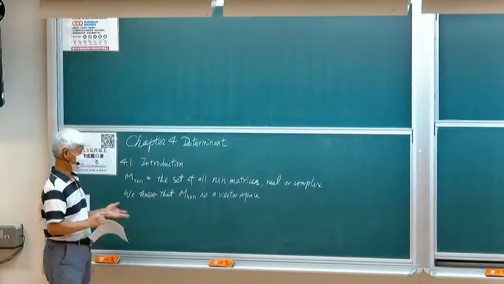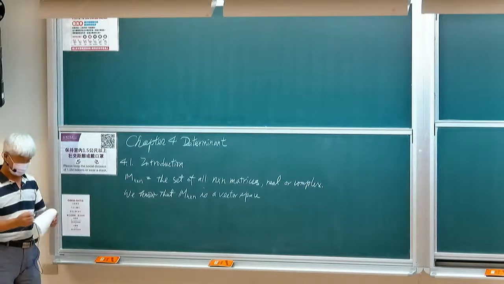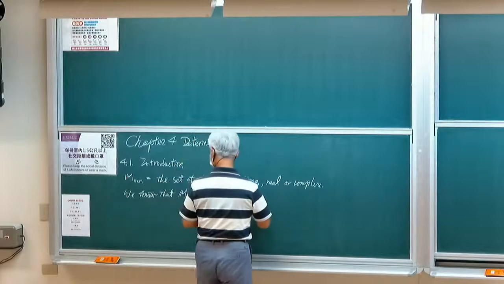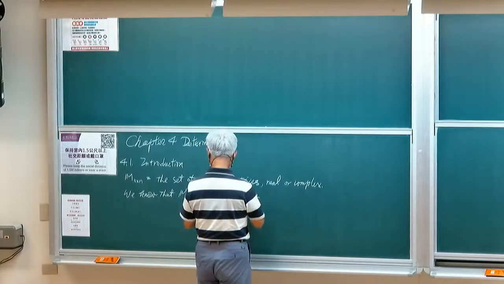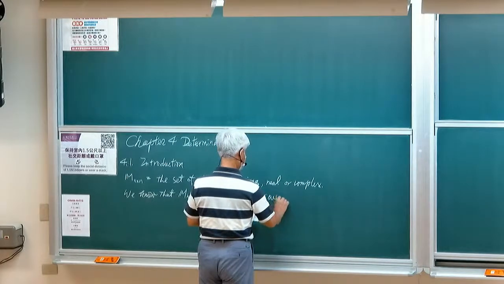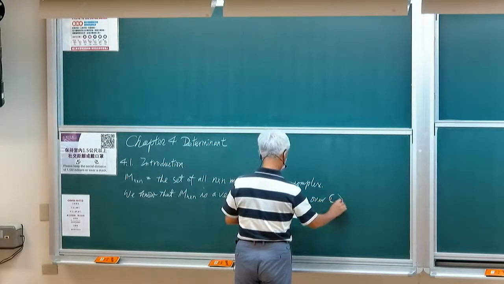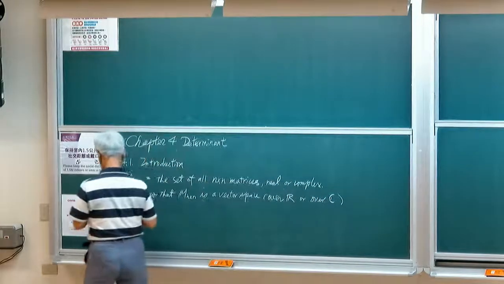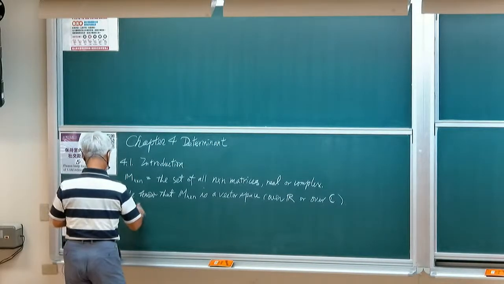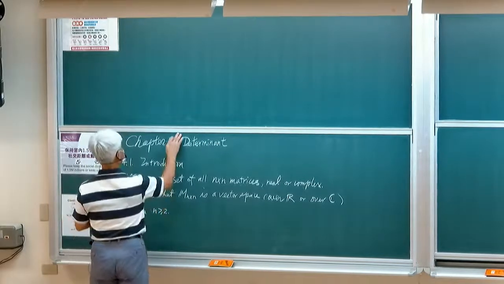And we already use the 7 axioms quite often. So M n times n is a vector space over R, or over C. All right, and we will fix an n greater than or equal to 2.